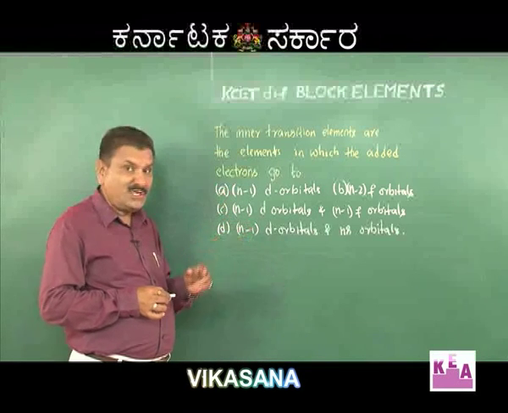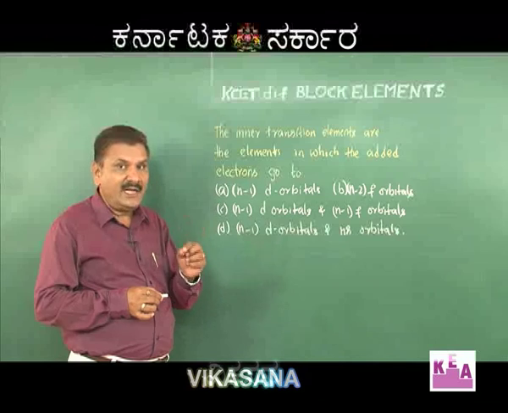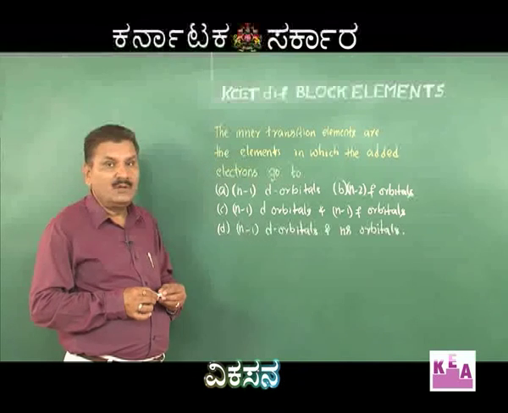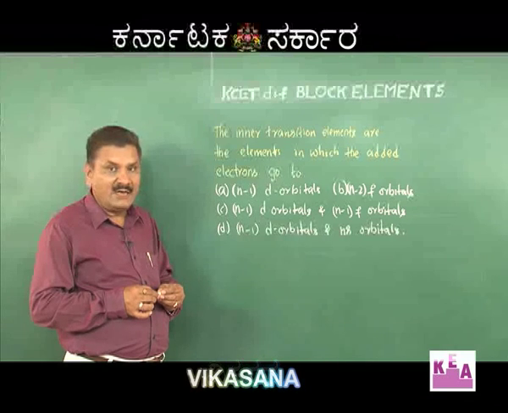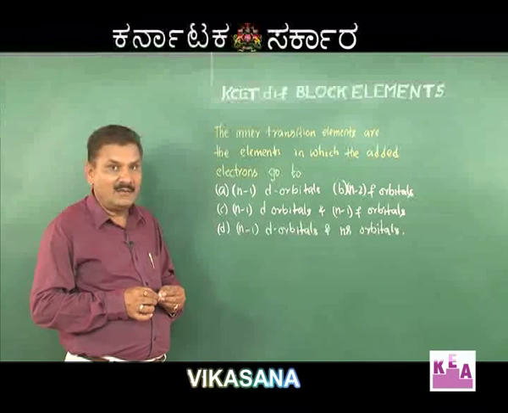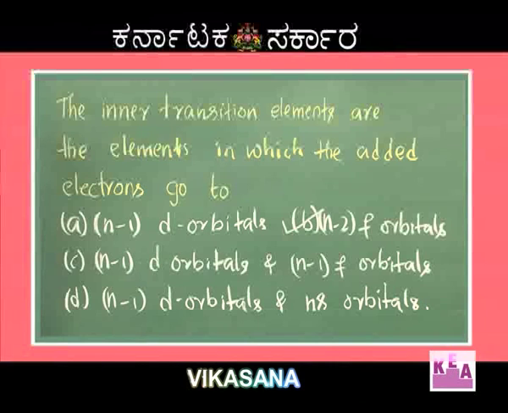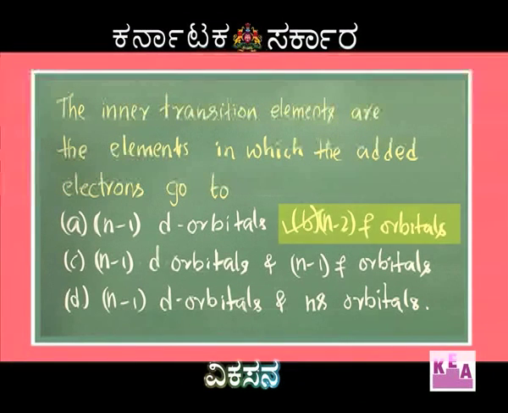As per the definition of the F block elements, added electron must enter into anti-penultimate f orbital, which is n-2 f orbital. So therefore, the correct option for this question is option B, n-2 f orbitals.